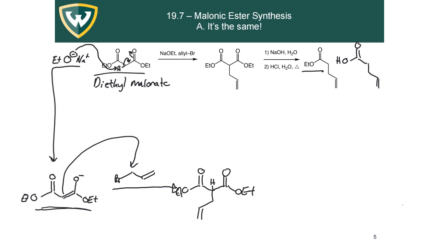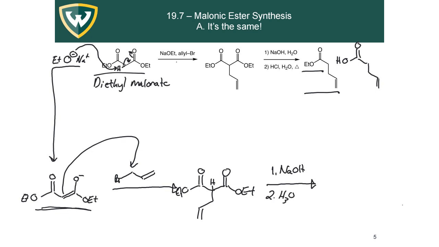Now, if you wanted the alkylated diester, such as this, you could stop here. However, in most cases, people want the monoalkylated free acid, or sometimes the monoalkylated free ester, this compound here. And so the next steps are to hydrolyze the ester with a base, and then to acidify the resulting acid.